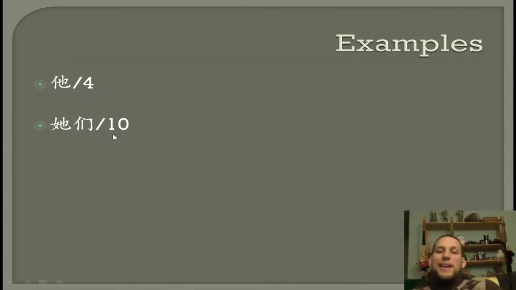Okay, next example. They are in 10th grade. So 10th grade is going to be equivalent to Chinese high school. So we need to use 高中, right? They're in 高中.